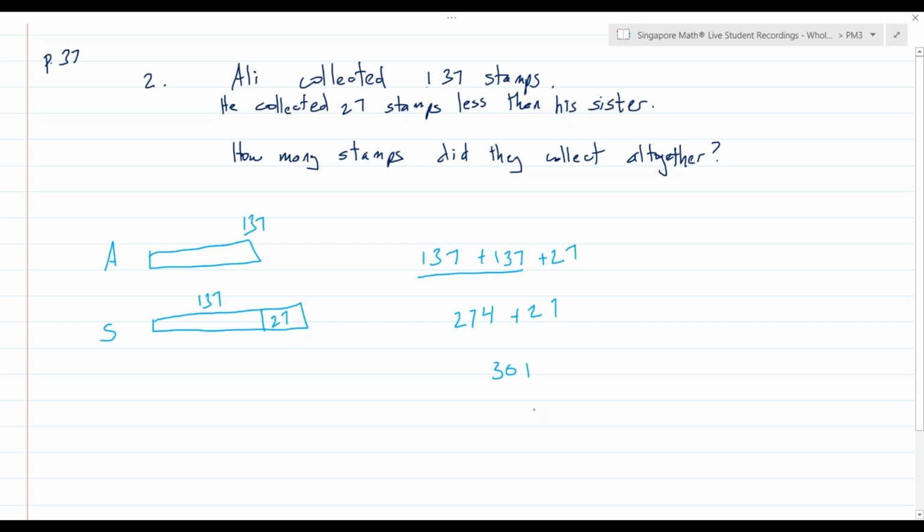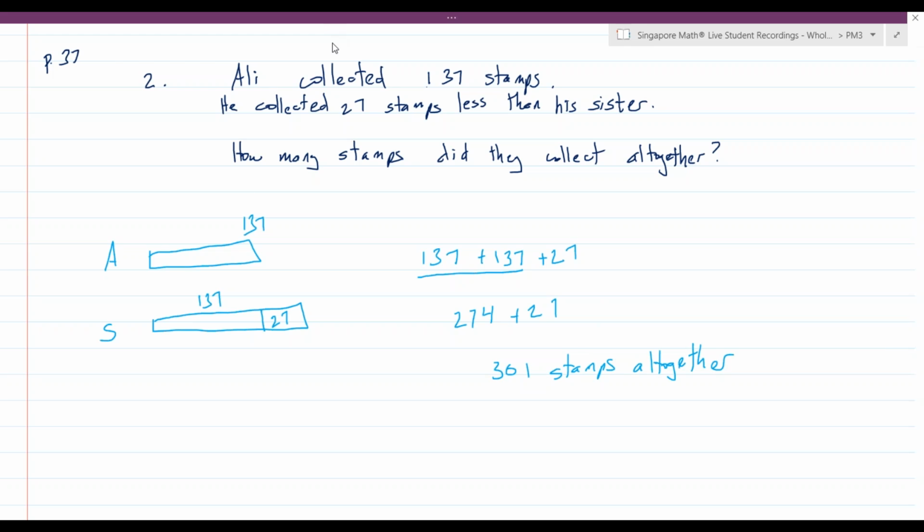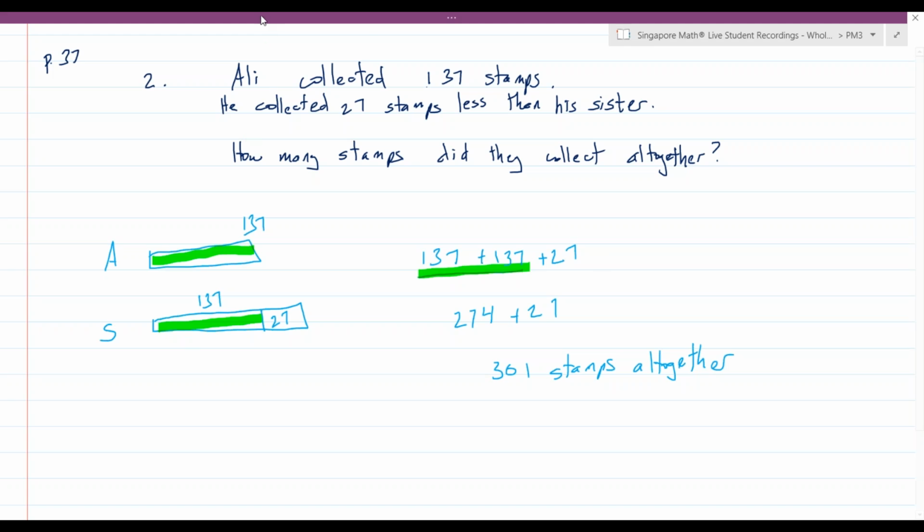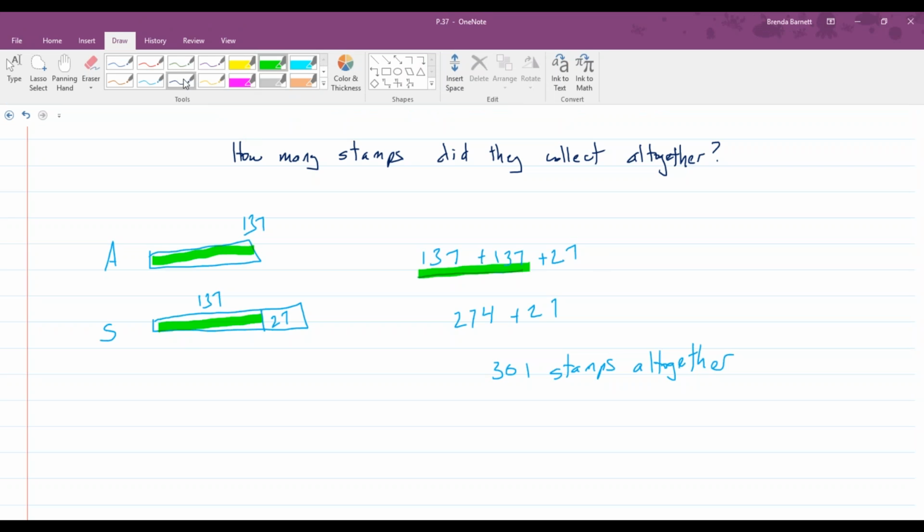I just used all the mental math skills we've done in the past to find that there are 301 stamps altogether. The thing that is interesting about this that I just did is that I never actually found out how many stamps the sister had. I just knew that if I want to find this answer, I have 137 twice and then 27 more than that.